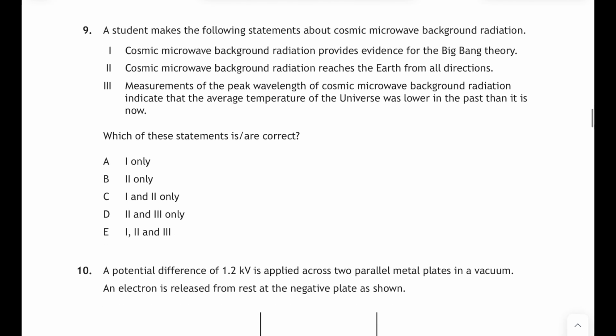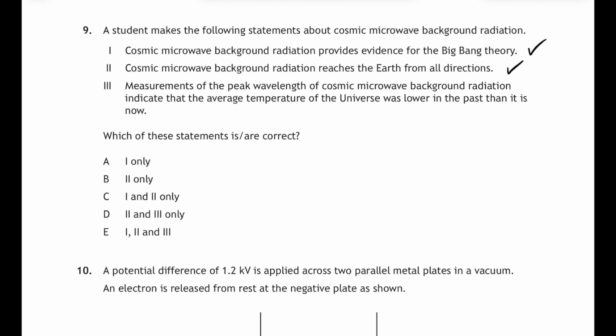Question 9. A student makes the following statements about cosmic microwave background radiation. Statement 1. Cosmic microwave background radiation provides evidence for the Big Bang. Yes, it does. Statement 2. Cosmic microwave background radiation reaches the Earth from all directions. Yes, it does. And statement 3.